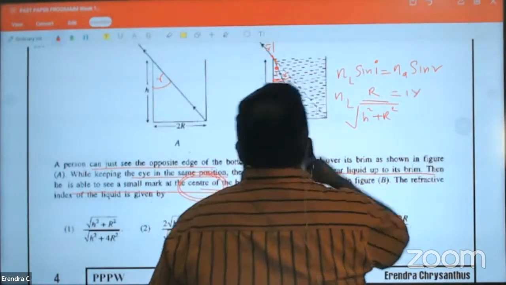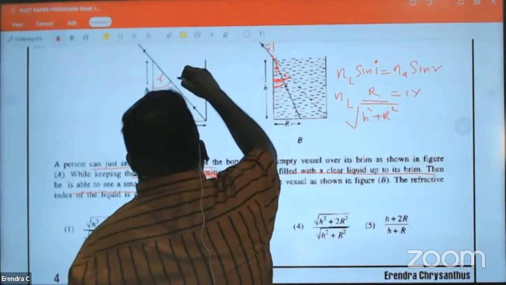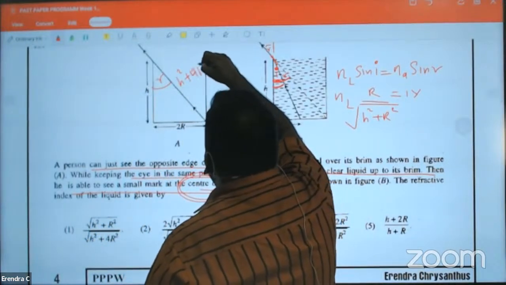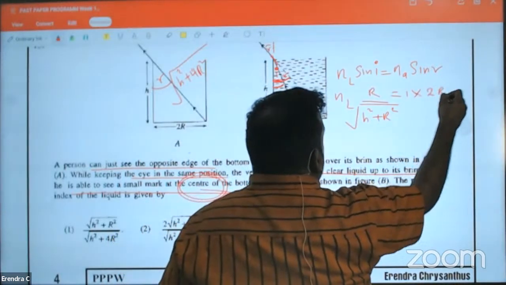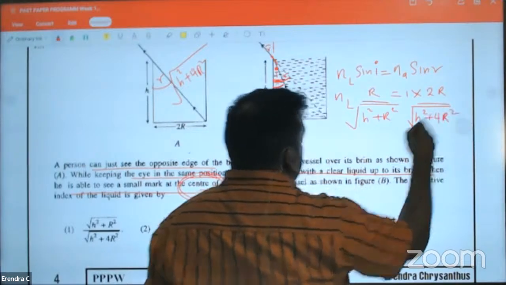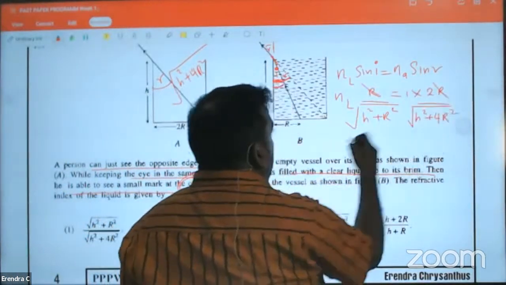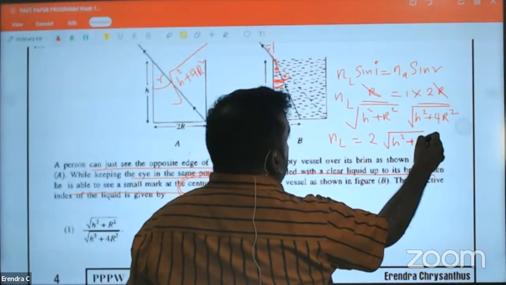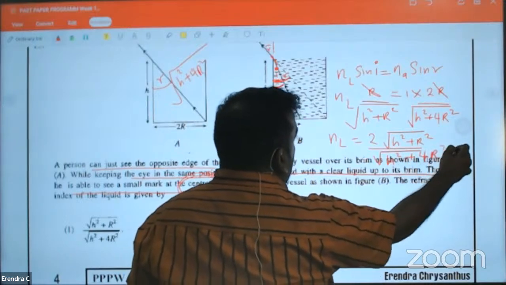Sin R is this vertical over the hypotenuse. What is the hypotenuse? Pythagoras: square root of x squared plus 4R squared. So here you have 2R divided by square root of x squared plus 4R squared. Simplify this, R and R cancel off. N liquid is equal to 2 times square root of x squared plus R squared divided by square root of x squared plus 4R squared.